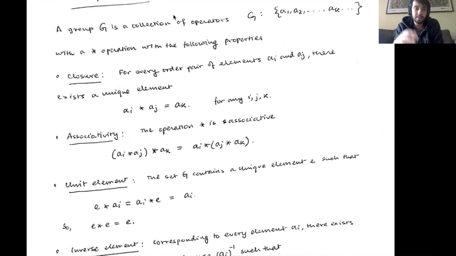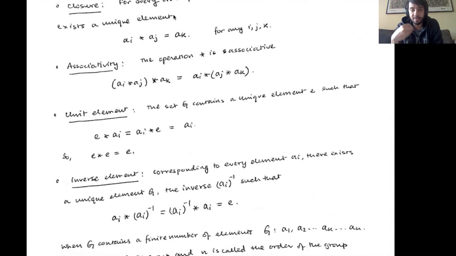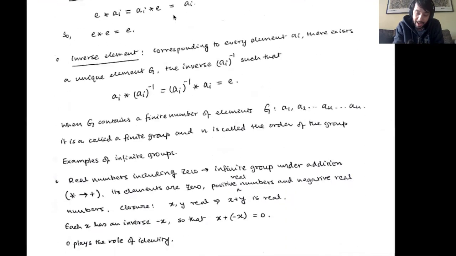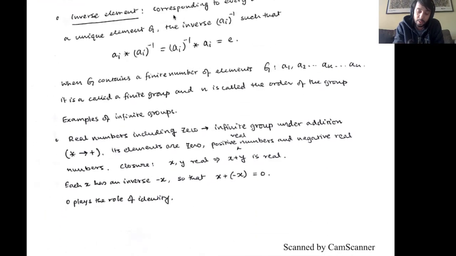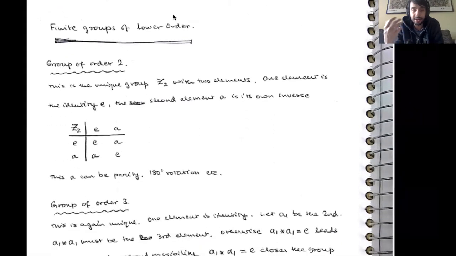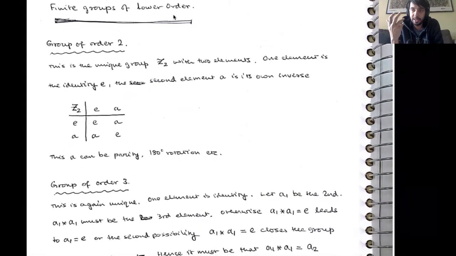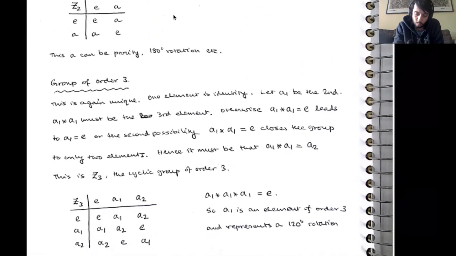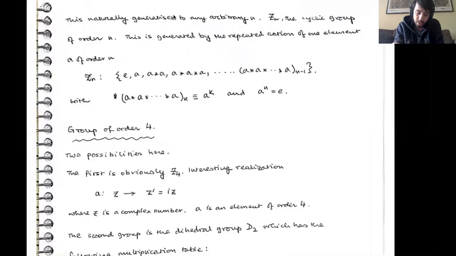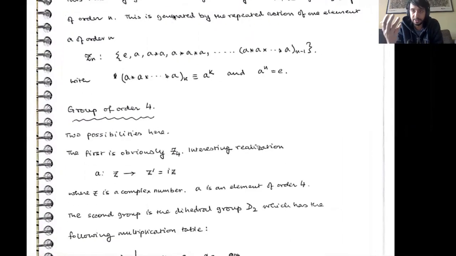So there's closure, there's associativity, every group has to have a unit element, and for every element there also has to be an inverse element. And then we went on to looking at some finite groups of lower order. We spoke about Z2, which was a group of order 2. We spoke about Z3.